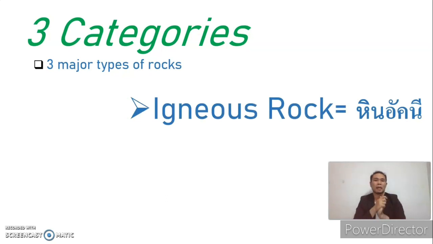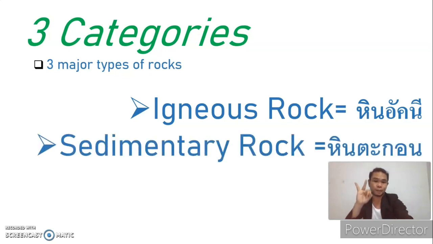The first one is igneous rock. Can you say it again? Igneous rock. These are the three categories, okay? Number one is igneous rock. Number two, sedimentary rock. Again, sedimentary rock. Okay.